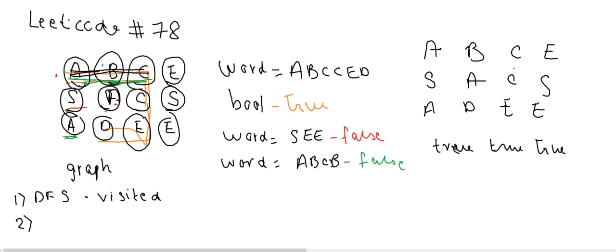Then from here, I need A, B, C, B. Let's make this B. A, B, C, B. Okay, let me change this to A. Let me change this, okay?